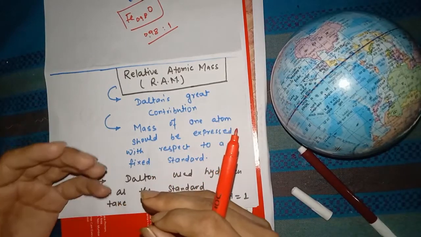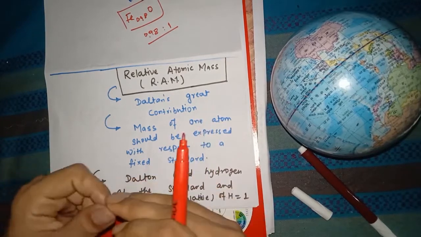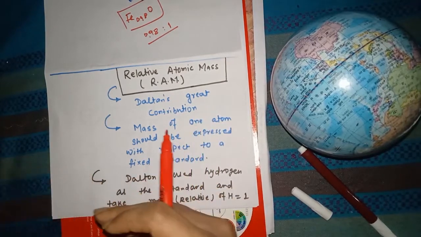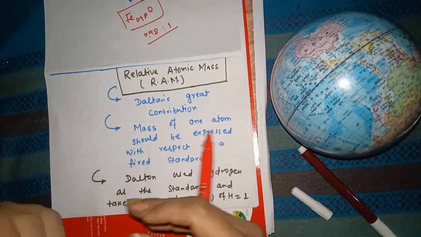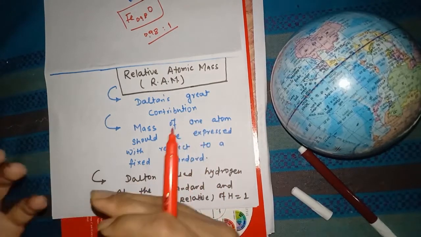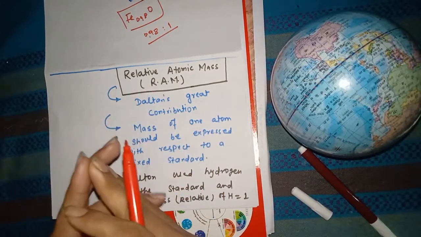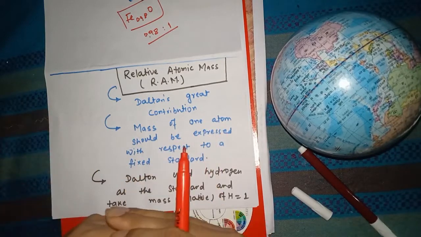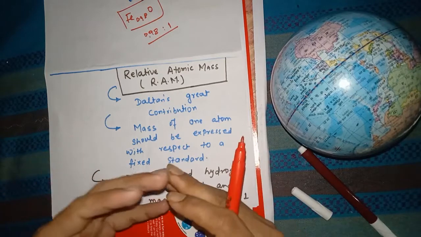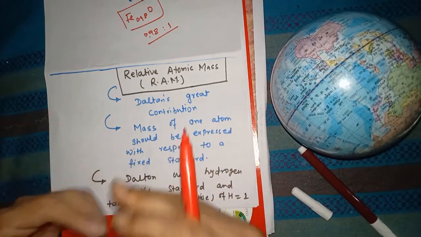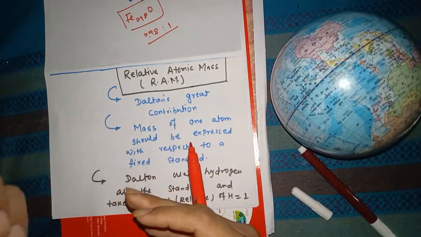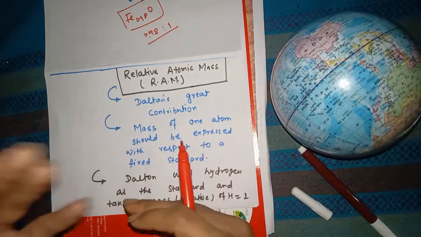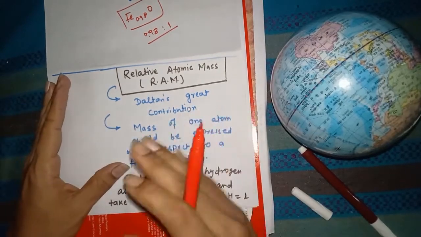So if the mass of a hydrogen atom is 1, then we can calculate the mass of an oxygen atom, helium and lithium atom using the standard parameter of the mass of hydrogen. This is not the actual mass of hydrogen. We take it as a standard, so we assign a value 1 for the mass of a hydrogen atom.